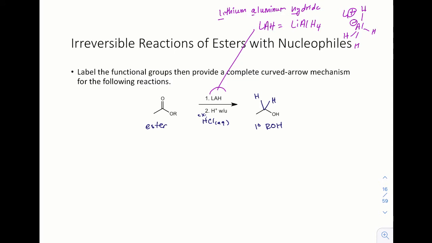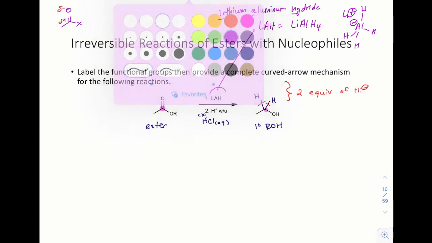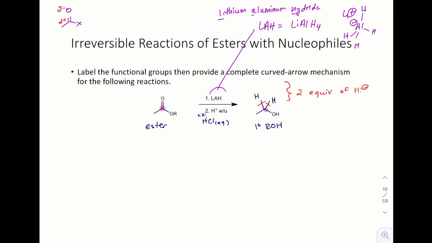Looking at the overall transformation, it appears that 2 equivalents of hydride have been added to the ester, and specifically to the carbonyl carbon of the ester. Given how polar pi bonds react, I would ask you to take a moment and propose a complete curved arrow mechanism for this transformation before listening to me explain it.